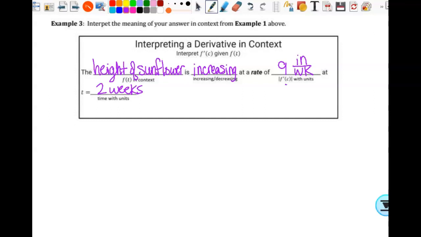Before I copied it, I wasn't confident enough to put it in there, but when it comes from certain people, you think there's no way any of this is wrong. But the height of the sunflower is increasing at, it should be, an approximate rate, because it was an approximate rate, right? So it's increasing at an approximate rate of 9 inches per week, because we didn't know what it was actually right then.